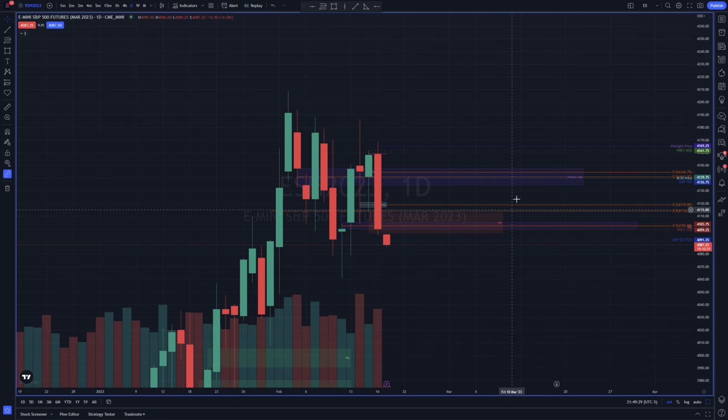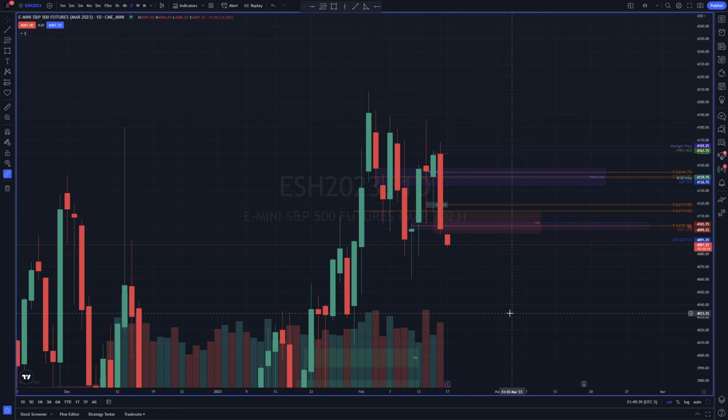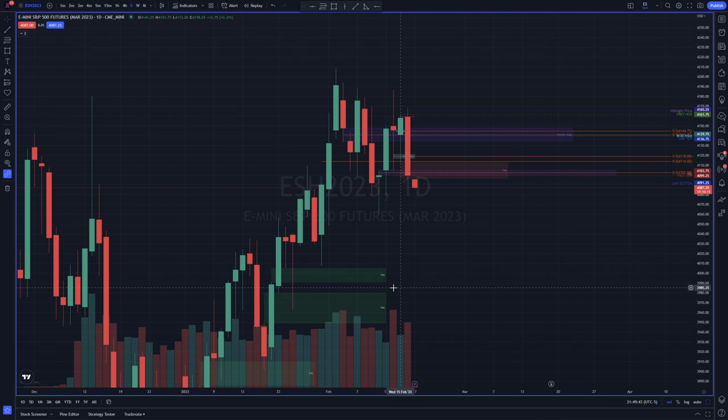Now there's some other lower time frame things that you'll see here, and we'll get into that in a minute. But before we do, let's talk about what's happening, right? From this push up, we had a pullback, another push up, and these didn't necessarily hit the golden fib retracements.